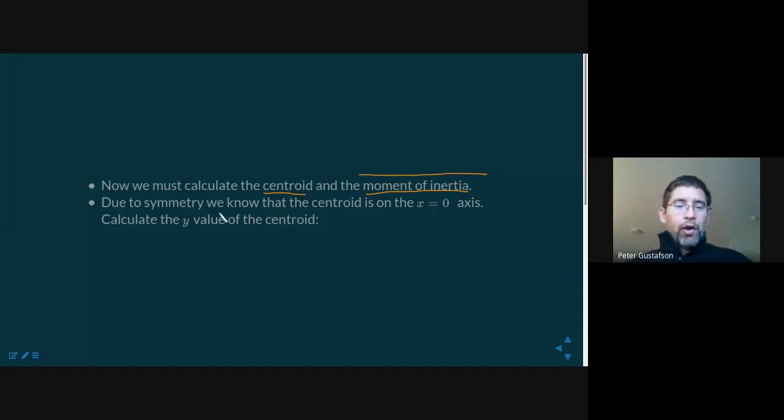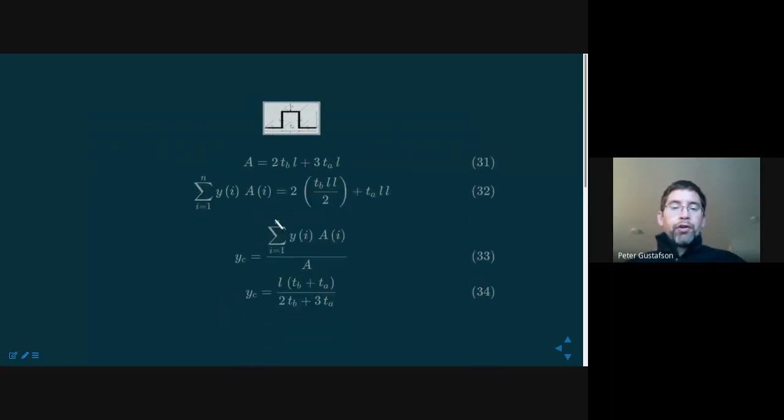It's also worth noting that because this thing that I've drawn 10 times now is symmetric with respect to the x-axis, we know that the centroidal location of x is on that line of symmetry, which was very poorly drawn. So x is going to be somewhere along this line, and so we're really only calculating the y value of the centroid.